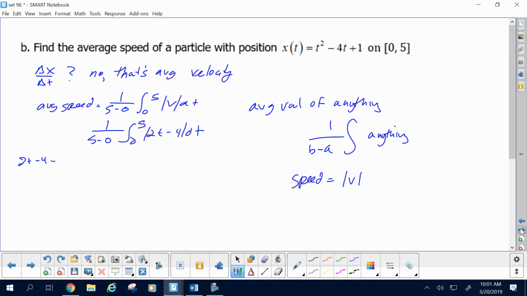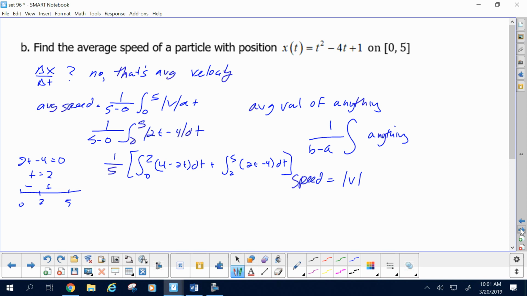It has a 0, I believe, at 2, and before 2 you're talking negative, and after 2, positive. So I'm feeling 1/5 of an integral from 0 to 2 of the opposite, 4 minus 2t, and from 2 to 5 of the normal, 2t minus 4.